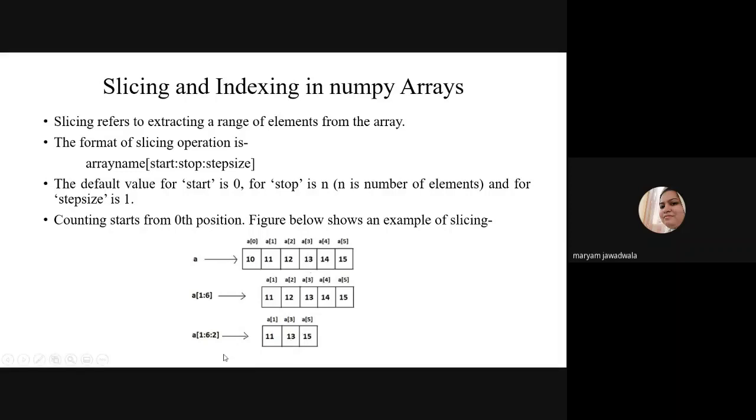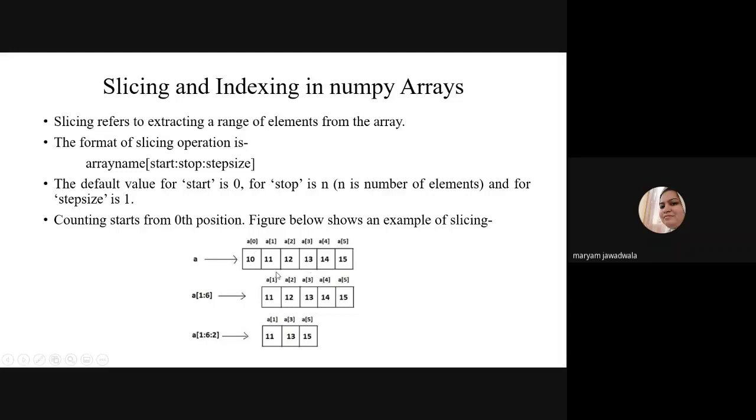Next one, suppose I write a[1:6:2], it means my array will start with the second element up to the last element, and I write 2 here. Step size 2 means alternate elements will be displayed starting from the second element, right?